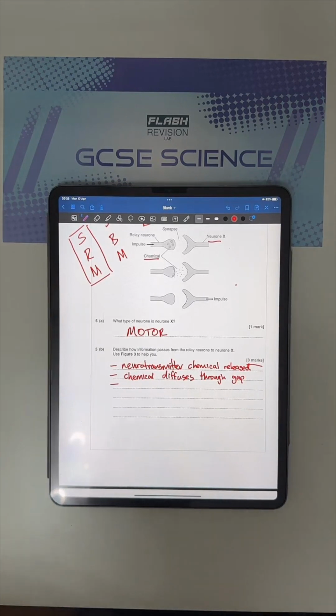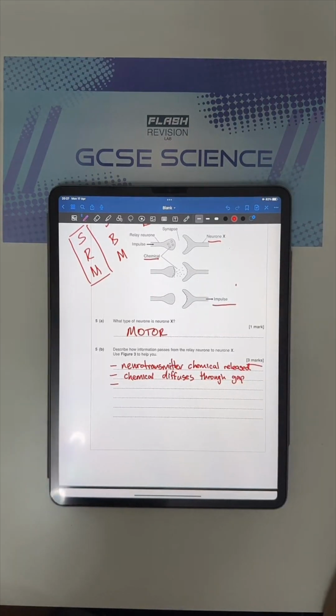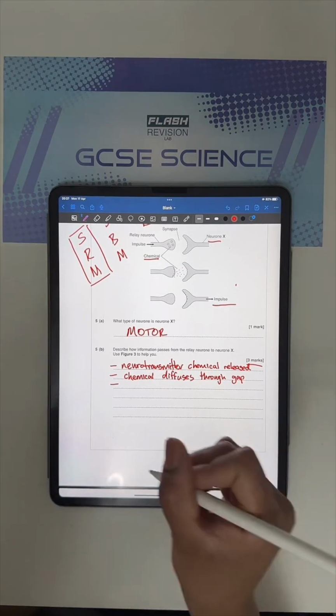And finally, what do you guys think the last mark's for? 3rd mark. It's once it's reached here. It's there. It's in the diagram. Good, Angie.